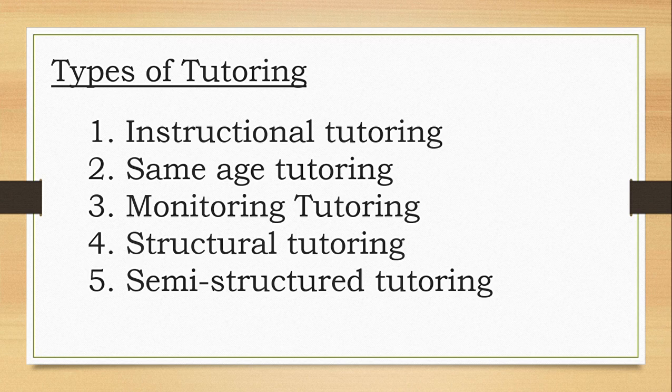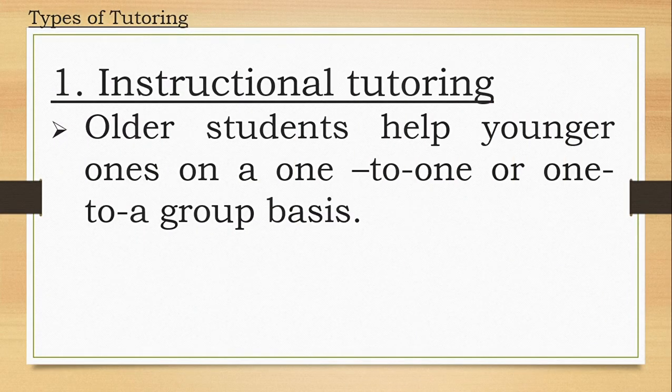So we will understand these types of peer teaching one by one. Number one is the instructional tutoring. It states here: older students help younger ones on a one-to-one or one-to-group basis. As you notice in the definition, the older students help younger ones to learn.